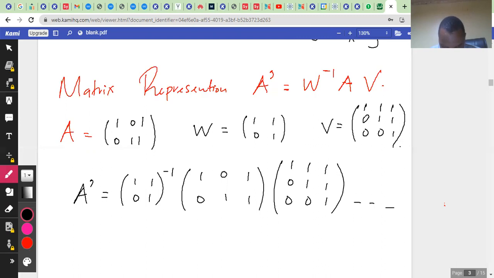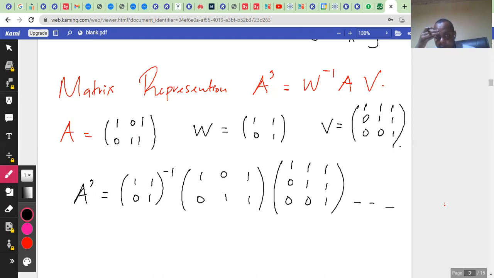Maybe they used a different set of letters. Because when you look at the notes, the matrix representation of A is actually a definition. It's a very clear definition for finding the matrix representation of A when the basis changes.